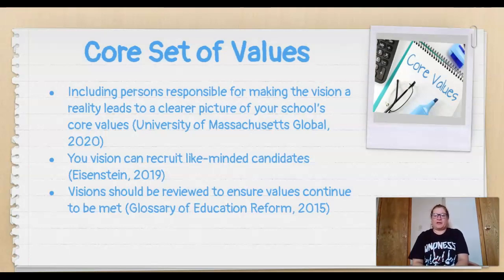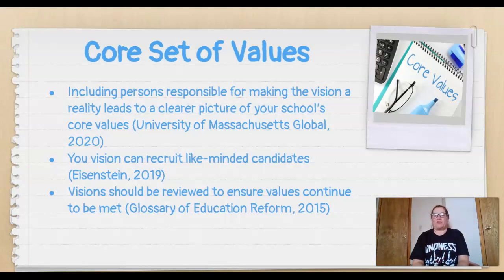In order to write good vision and mission statements, you need to look at the core set of values within your school. For that, you need to include all the persons responsible for making the vision of a school a reality, because that'll lead to a clearer picture of your school's core values. So when you're getting ready to write this vision statement, include everyone that you can, because that gives you that picture.